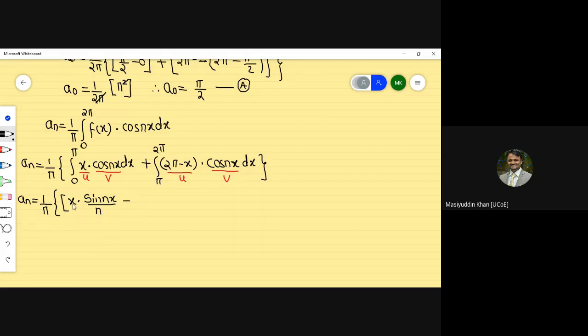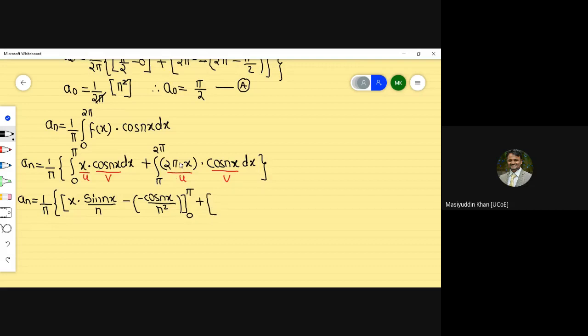So derivative of x becomes 1 and integration of sine becomes minus cos. So we have to write here minus cos of nx upon, already n is there, so we again divide by n, so it becomes n square. So this is the first part. Integration by parts is completed because the next derivative is not possible, so we can write as it is 0 to pi. So this is the first integration by parts, plus we have to take the second integration by parts here.